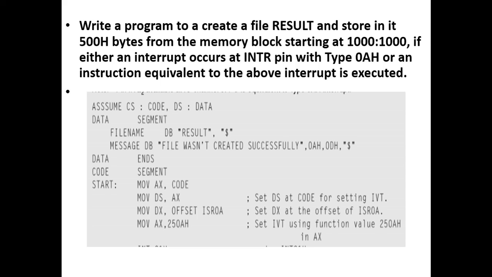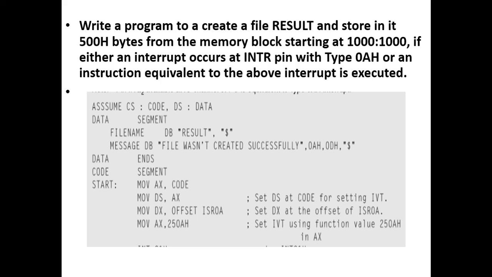Here we can see an example of interrupt programming. Write a program to create a file named result and store in it 500H bytes from the memory block starting at 1000 to 1000, if either an interrupt occurs at the INTR pin with type 0AH or an instruction equivalent to the above interrupt is executed.